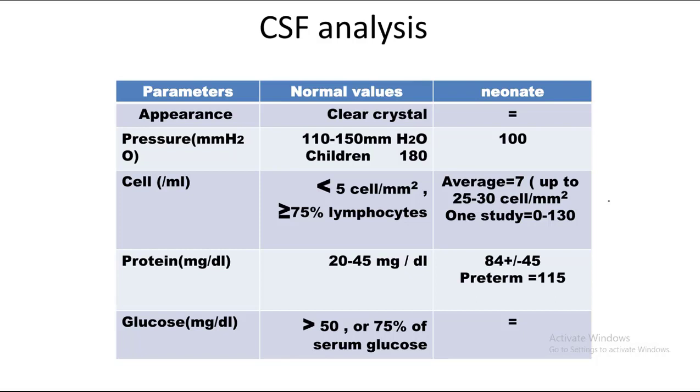More than 75% of the total cell count need to be lymphocytes. Protein is 20 to 45 milligrams per deciliter, and glucose should be more than 50 milligrams per deciliter, or about 75% of the serum glucose. And this column represents the normal values and appearance of the CSF in the neonatal period.